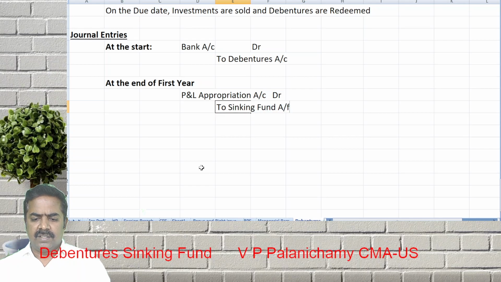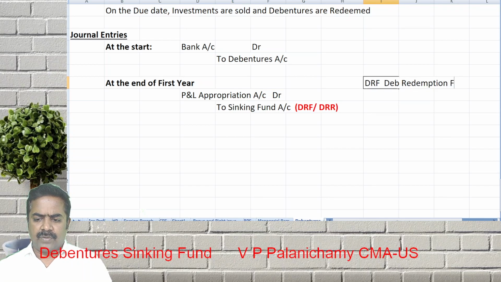The sinking fund account is also known as debenture redemption fund or debenture redemption reserve. Instead of the word sinking fund, what word can you use? It depends upon the exam question. It can be debenture redemption fund or debenture redemption reserve.